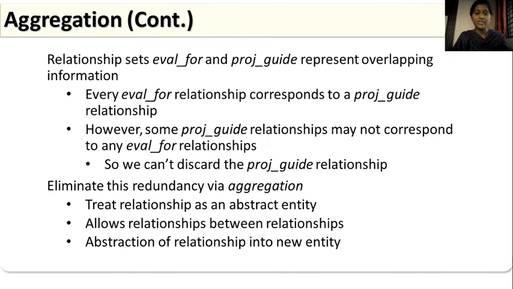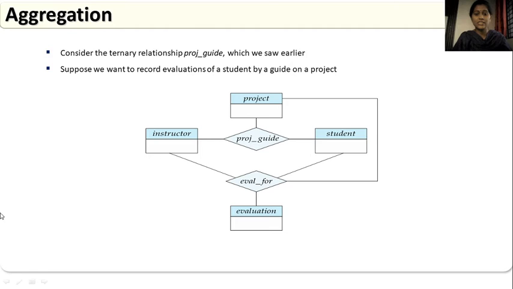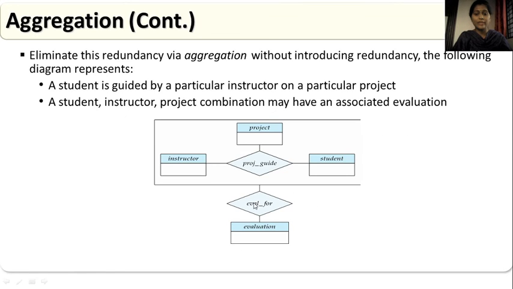In the previous diagram we have this redundancy, whereas student and instructors were involved in it. So this will be written in this form, where the whole relationship is aggregated and linked to the evaluation. The student is guided by a particular instructor on a particular project, and the student, instructor, project combination may have an associated evaluation.